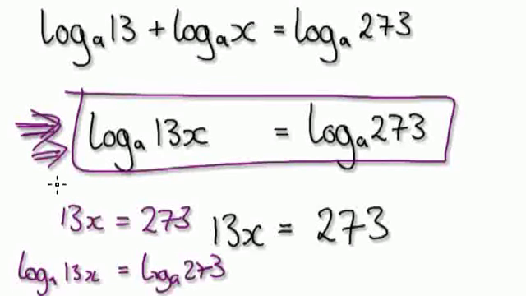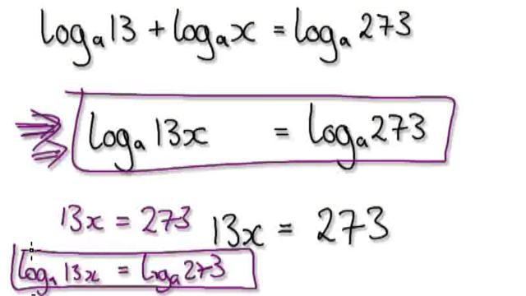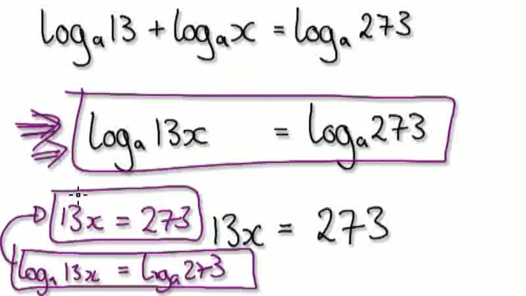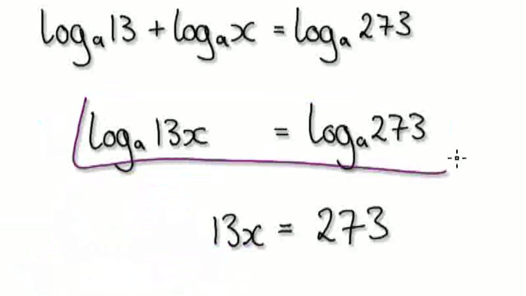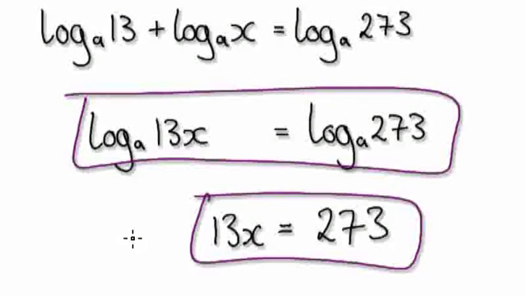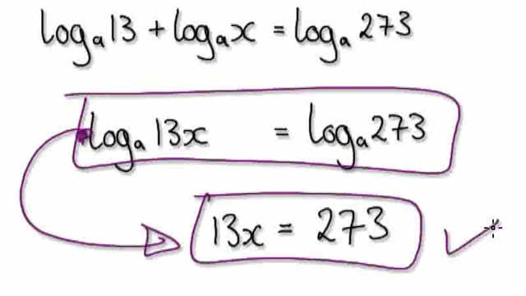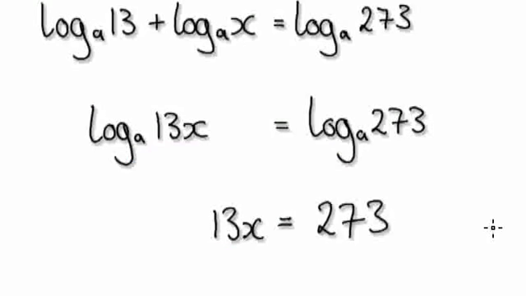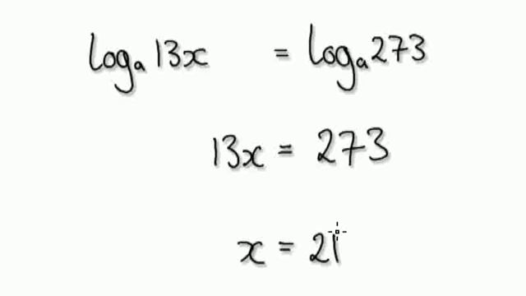Now, at the moment, this thing here is exactly the same as this thing here. So we can actually jump back to here and make this statement. From here, you can deduce that whenever you have this, this is also true. Once you're here, x equals 21.